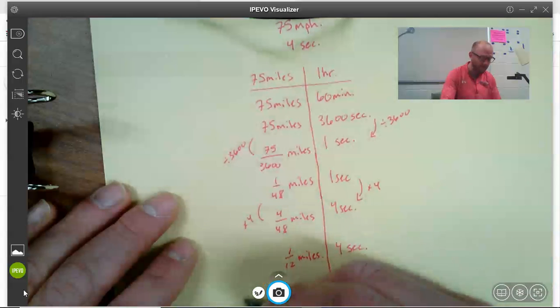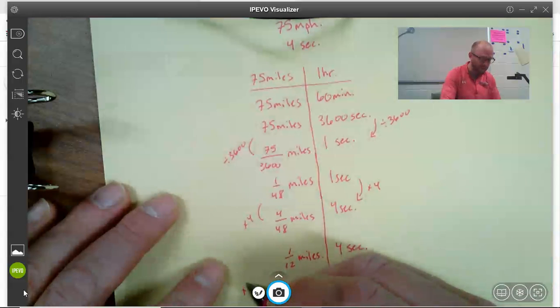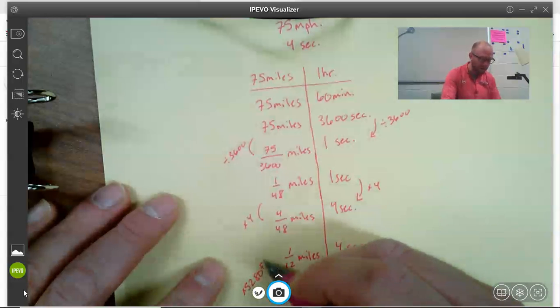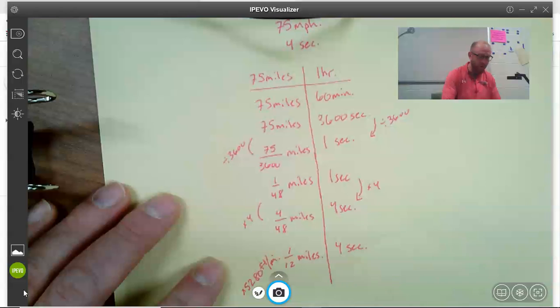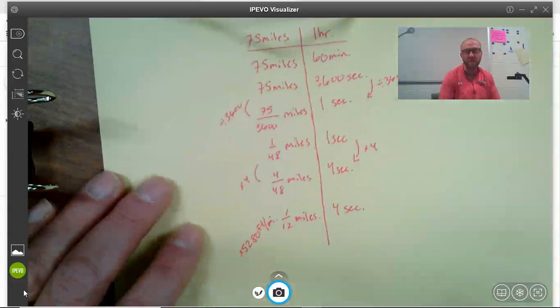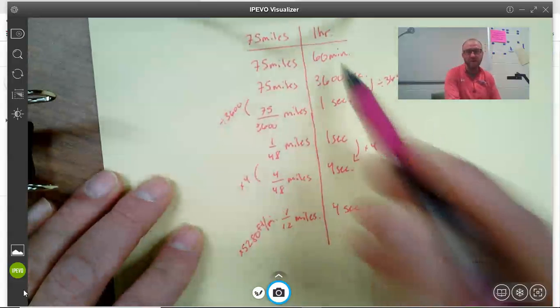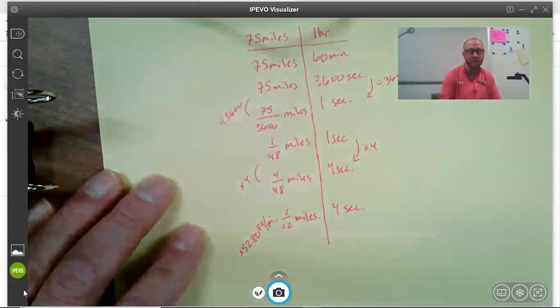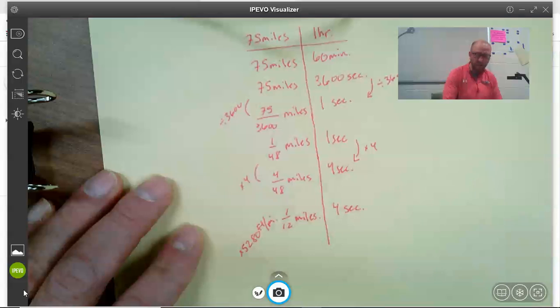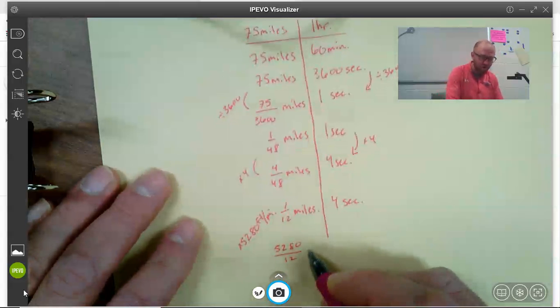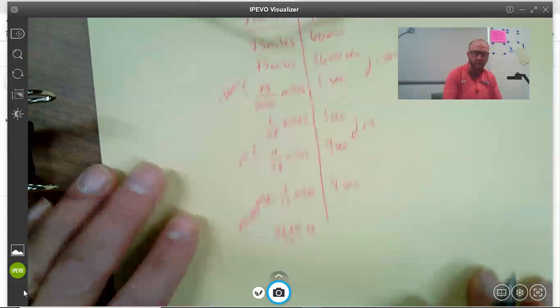So times 5,280, and that's feet per mile. So we're not changing the distance, we're just going to change this into feet. Just like up here we changed 1 hour into 60 minutes, we didn't change the amount of time, we just changed the measurement. So 1/12 times 5,280 would be 5,280 twelfths of a foot.